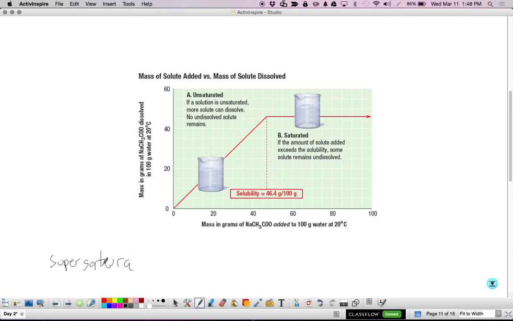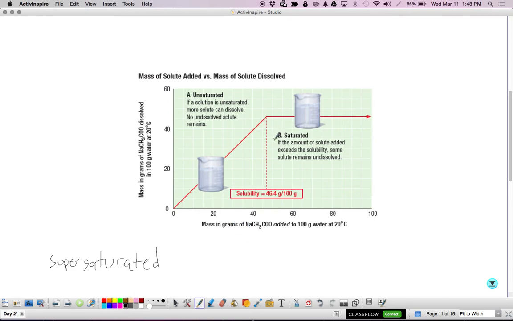Okay? Let's say that we've put in our 46.4 grams of sodium acetate into this 100 grams of water. And then I raise the temperature and I'm able to add, let's say, 3 more grams.